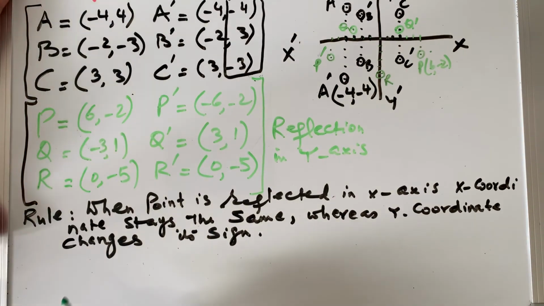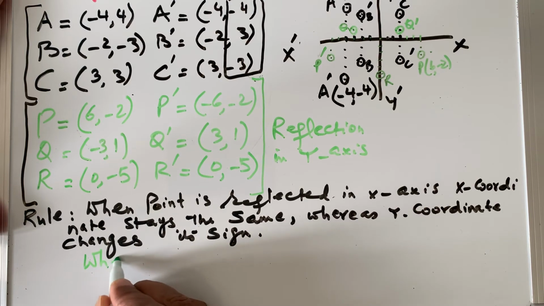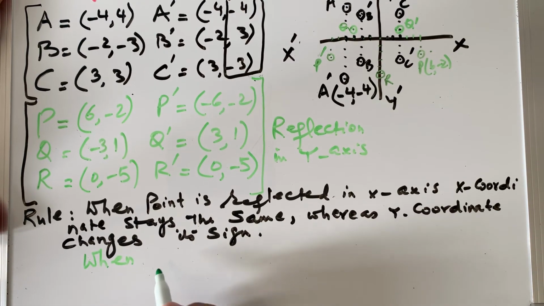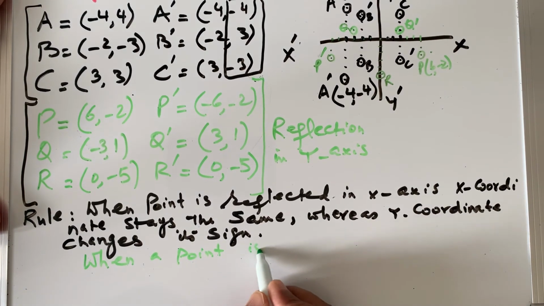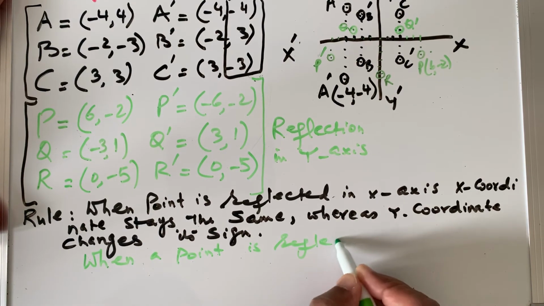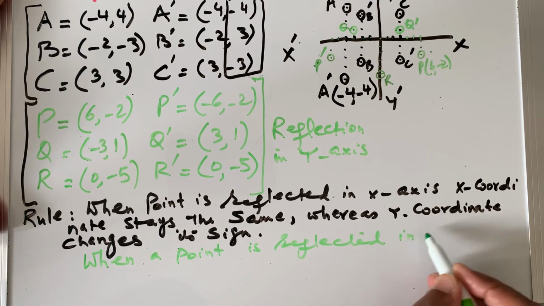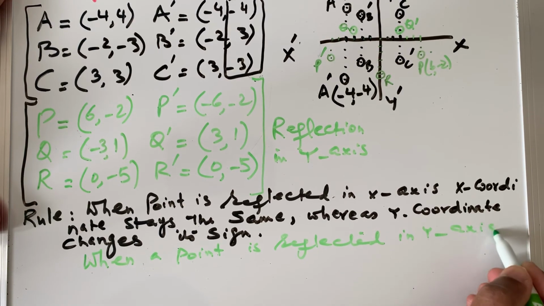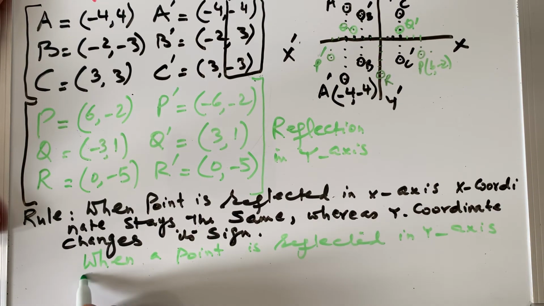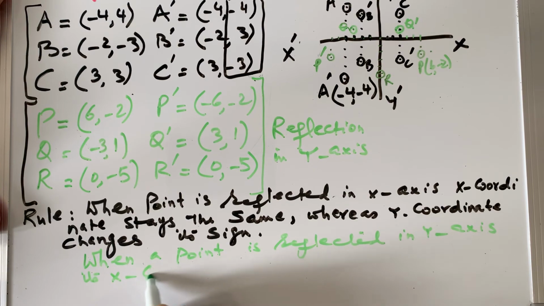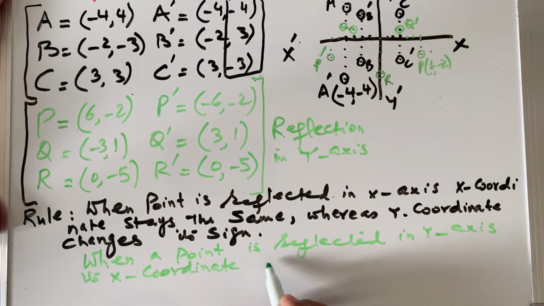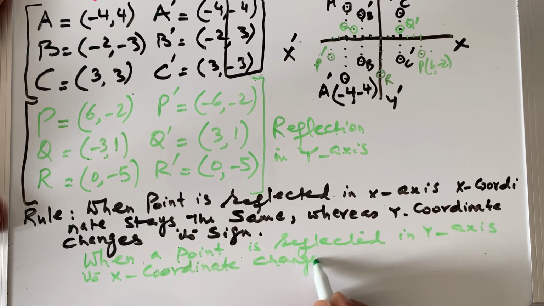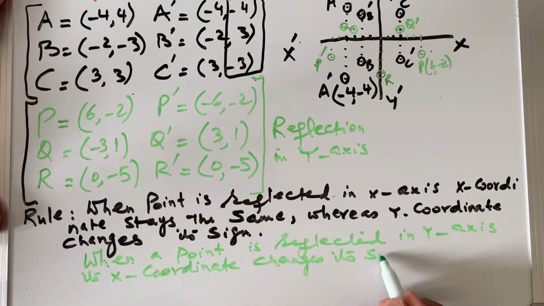So we will put in green so that you can distinguish. This is the y-axis. When a point is reflected in the y-axis, its x coordinate changes its sign, right?